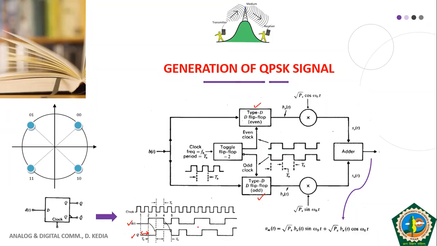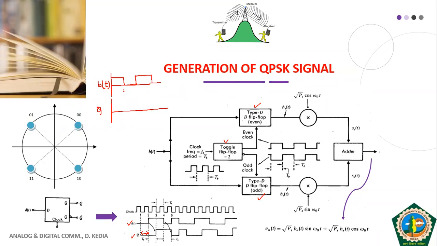That is one point. Another is that we have used a toggle flip-flop. You all know the purpose of a toggle flip-flop: it toggles the input bit. So if this is our input bit stream, say B(t), then your output bit stream at Q will give you a toggled output.